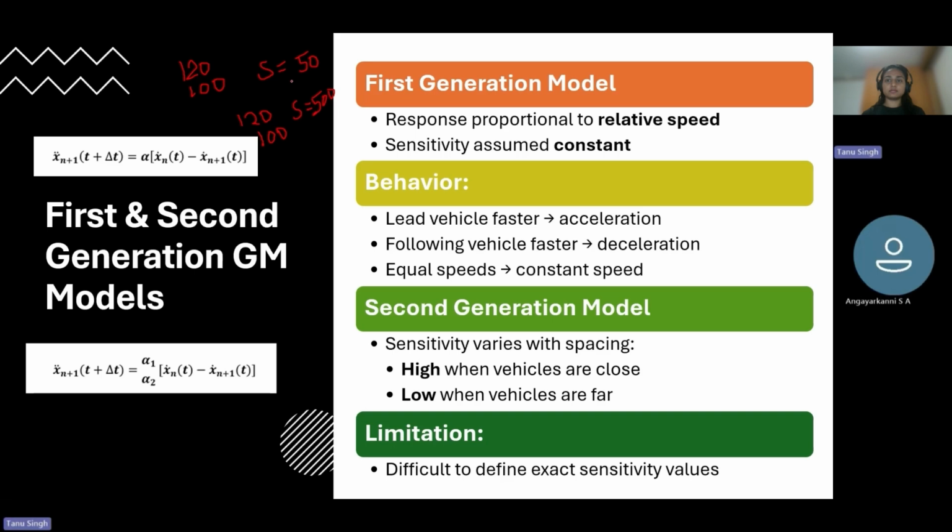So in this example, case 1 should be more sensitive, which is not captured by the first generational model. This was captured by the first and second model, because though we have two sensitivities when we are close or when we are far, the problem was that we don't define when we switch to the two different sensitivity values.